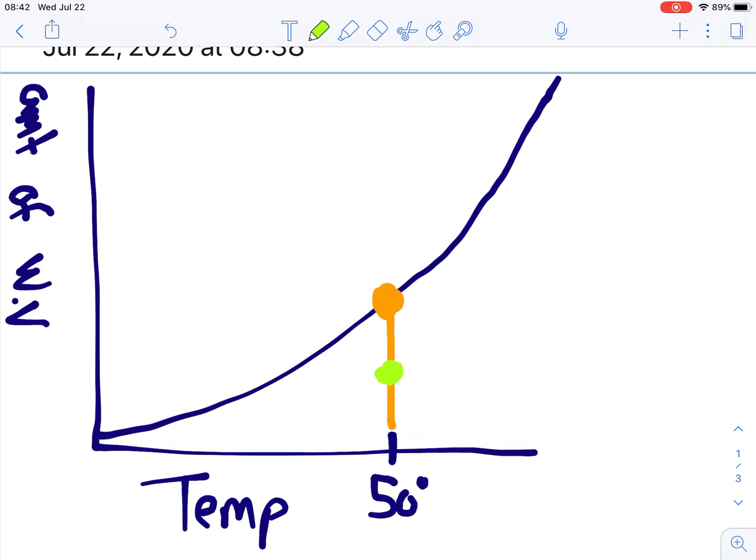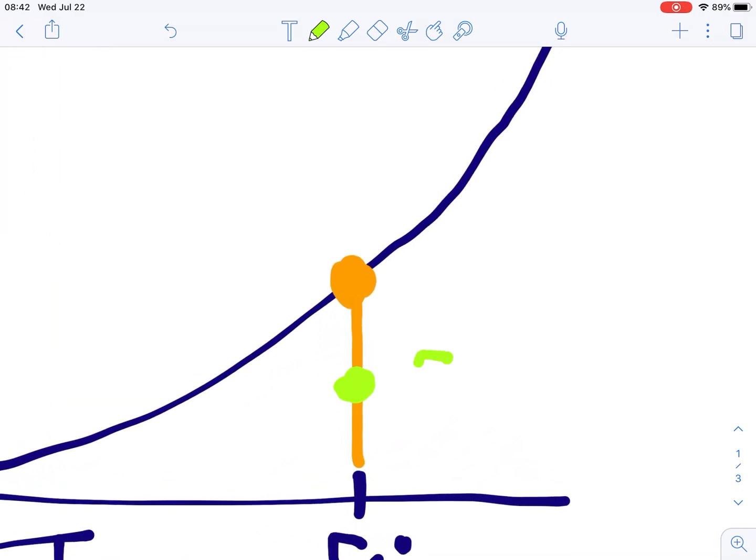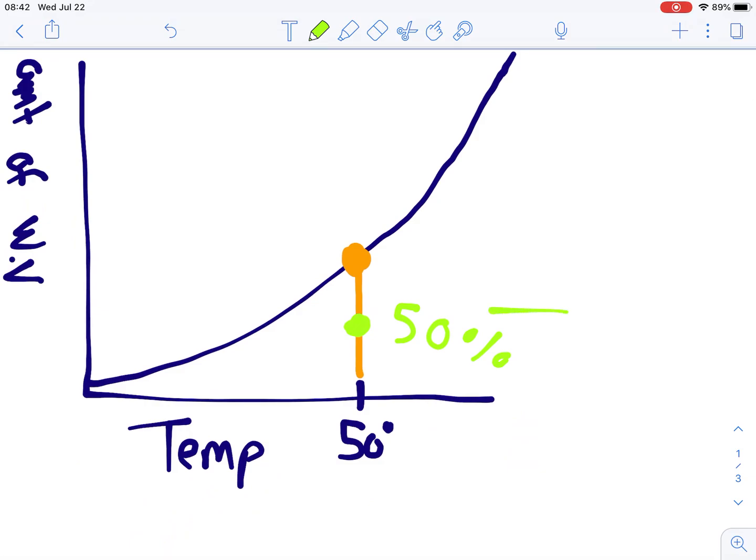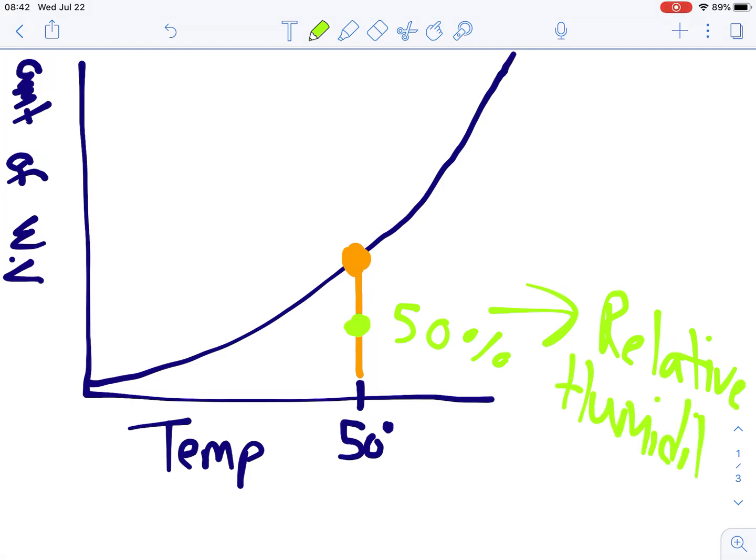The green dot, though, could hold more. We could add more, right? If we look at the green dot as a percentage, we would say that it is holding 50%. That 50% is what we call our relative humidity. It's how much water the air is holding as a percentage compared to what it could hold. Okay, that's our relative humidity.